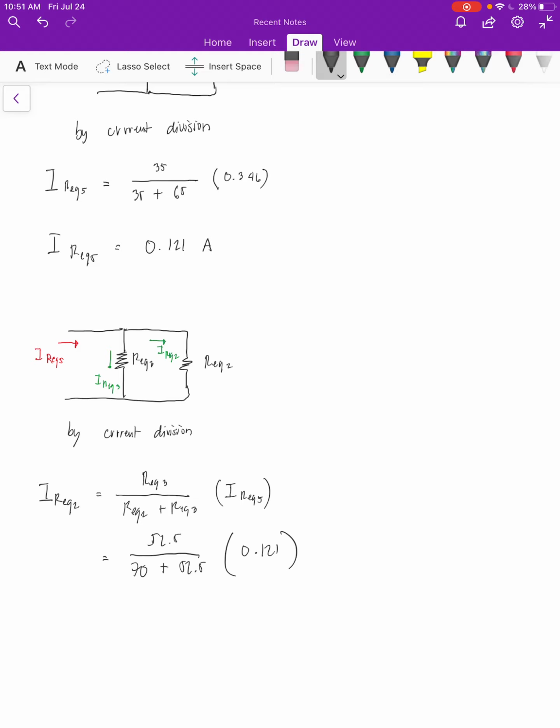So 52.5 plus 70 is 122.5. 52.5 divided by 122.5 times 0.121, and our current at Req2 is very small at 0.052 ampere, rounded to 3 decimal places. And we have the current for Req2.